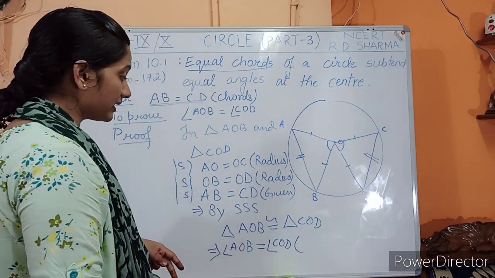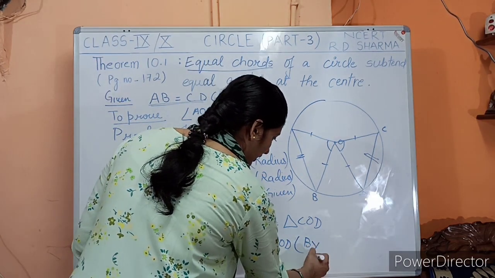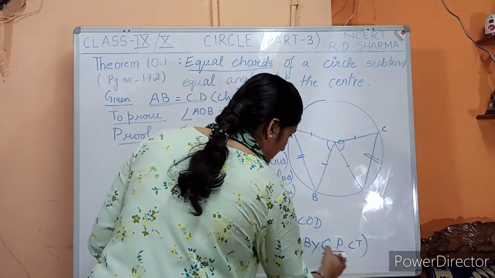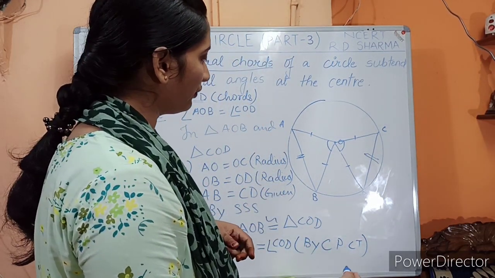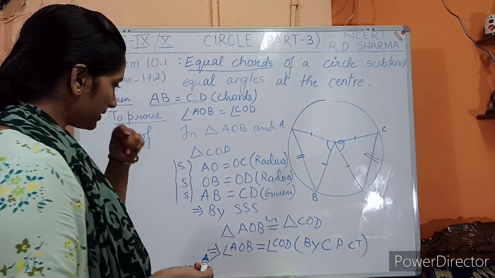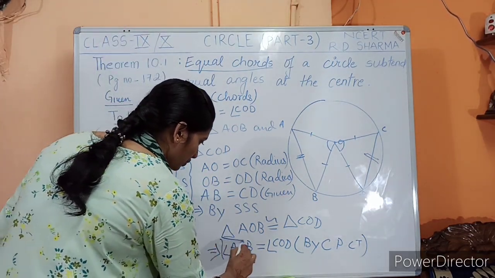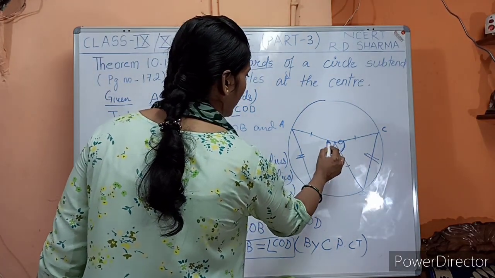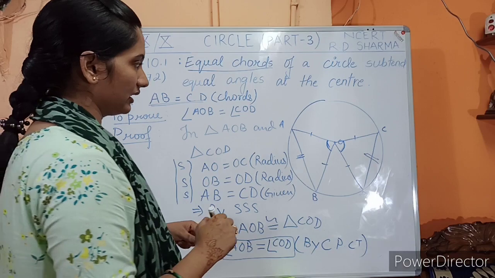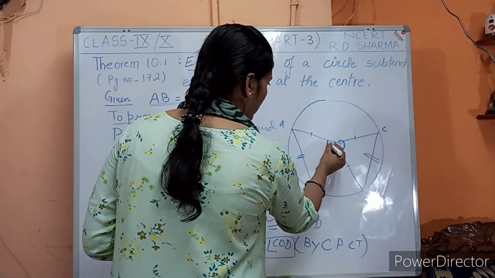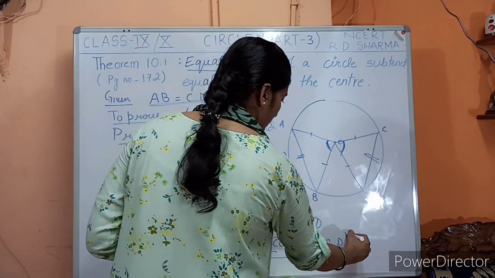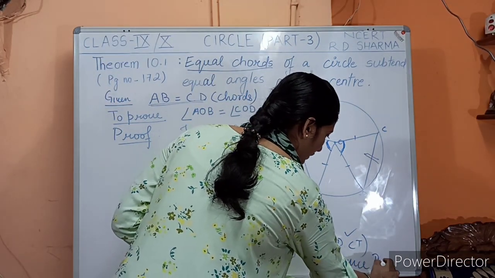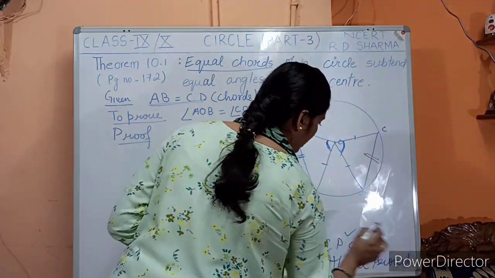What is the reason behind that? The reason is CPCT, which means corresponding parts of congruent triangles. So we have proved that these two angles subtended at the center are equal by CPCT.